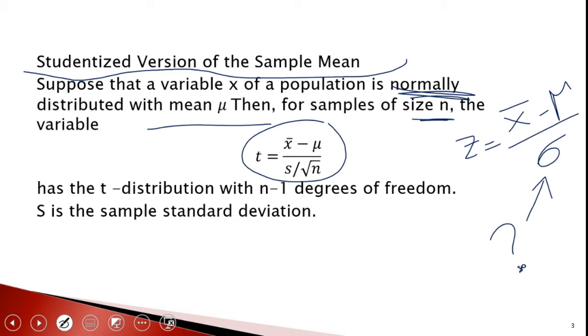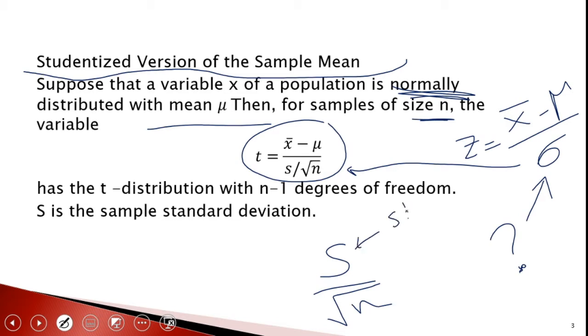So that's why we just replace it using s over square root of n. This s is the standard deviation of the sample. Do you remember that? Standard deviation of the sample. So instead of C, you have to calculate t using this formula.